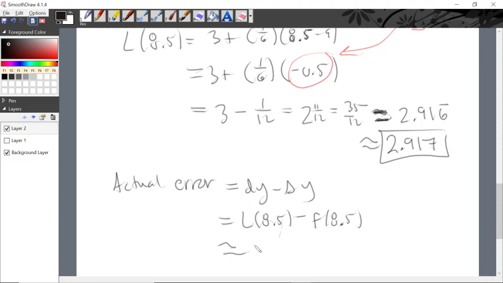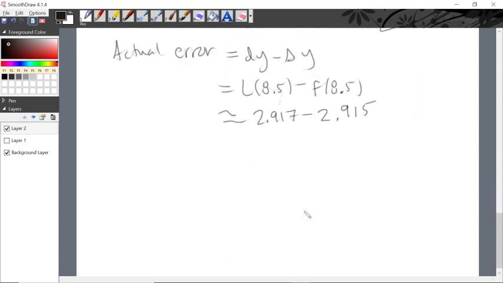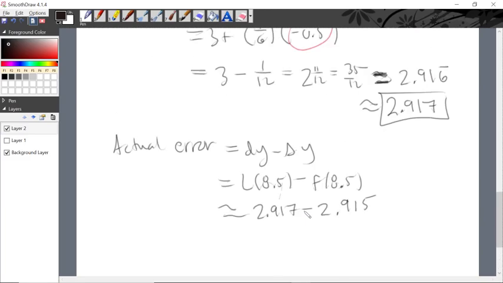So L of 8.5 was approximately 2.917, and the square root of 8.5 taken from the calculator is approximately 2.915, and then it goes to a 4. You know what, I'm going to do better than this. 2.9167.